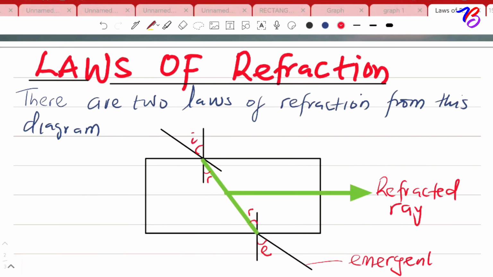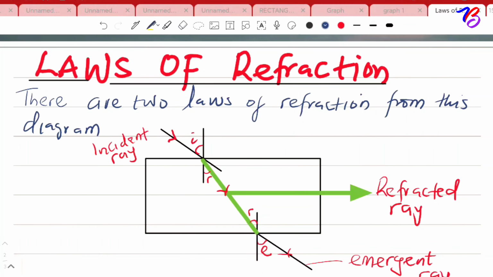The line is the emergent ray because that is the source of the light. Then we have the incident ray, which denotes the line. Then the angle is I. Please take note of the differences. The ray of light travels towards the same direction, even though it bends or is refracted. It still travels from air through glass back to air.